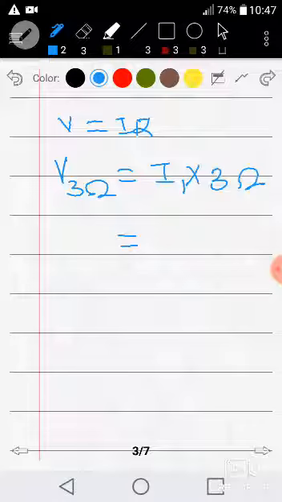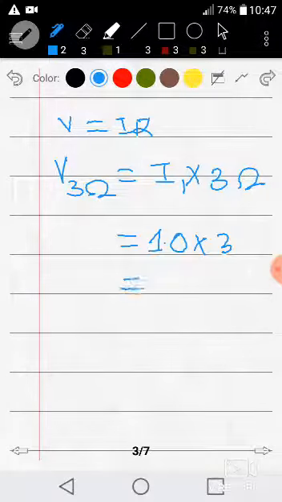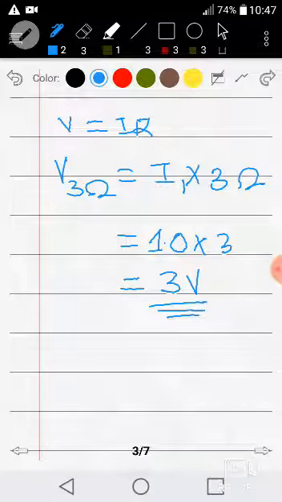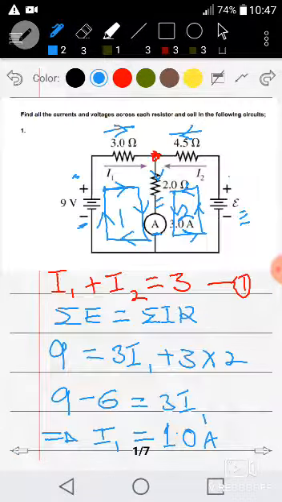So what was I1? I1 is 1 ampere times 3, so you have the voltage across that as 3 V. The same applies for the voltage across the 4.5 ohm resistor. It should be 4.5 times the current I2.